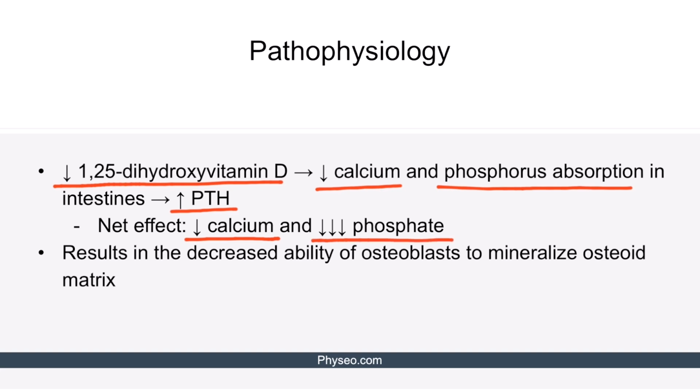Now, this decrease in calcium and inorganic phosphate deprives the osteoblasts of the two essential materials that are used to mineralize the osteoid matrix. For a more detailed review of vitamin D metabolism, take a look at our lecture entitled Calcium Homeostasis within the Endocrine Physiology section of our Step 1 content.